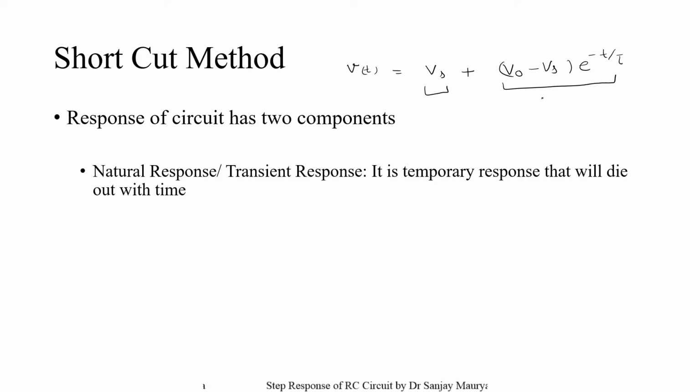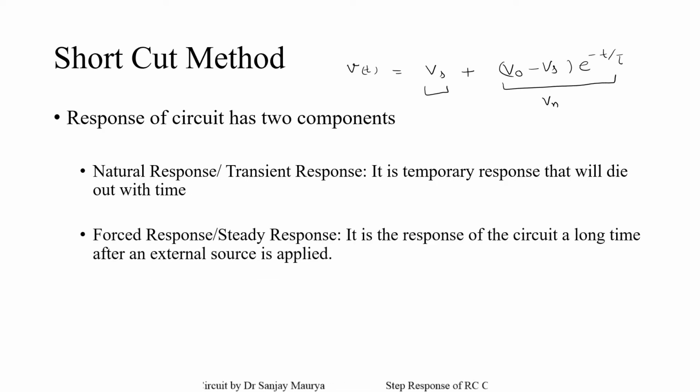So I can write it as Vn. And the next one is the forced response. The forced response is the response of the circuit a long time after an external source is applied. That is, the voltage across the capacitor will become the source voltage. So we can write it as Vf.